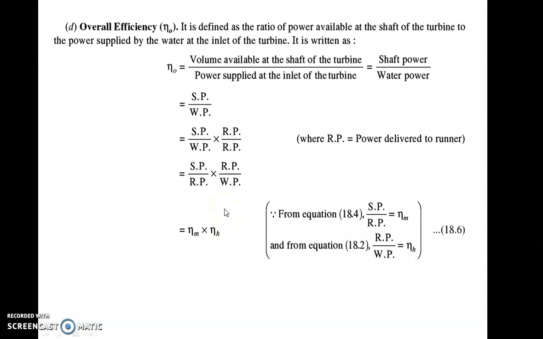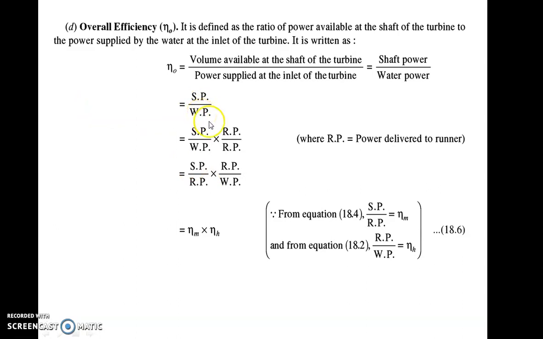So for overall efficiency, I have told you that three powers are there: input power or water power, runner power and shaft power. Output is shaft power and input is input power or water power. So overall efficiency is nothing but output upon input. Shaft power upon water power is your overall efficiency.